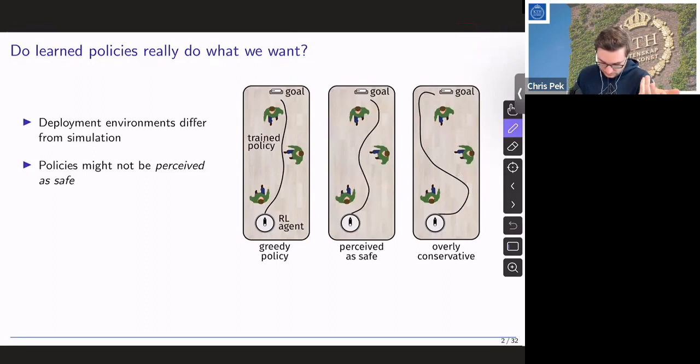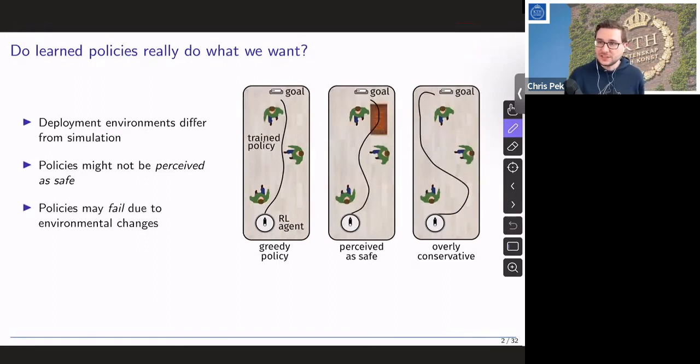And the last thing we will also talk about today is, especially for these deployment environments, it could be that we trained the robot in an environment where there was no carpet, and suddenly in this deployment environment there is a carpet, and we've never trained the robot what a carpet is, how to move on carpet, and the robot, every time it goes onto the carpet, it gets stuck and cannot leave the carpet. So how can we correct this already deployed policy afterwards using shielding so that the robot learns I should not go onto a carpet, and we repair the policy even though it has been deployed already.